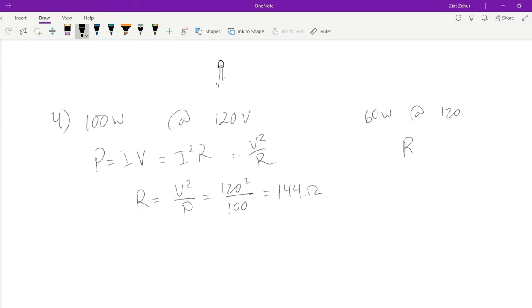This gives us 14,400 divided by 60 watts, which is 240. So of course the second light bulb has much more resistance.